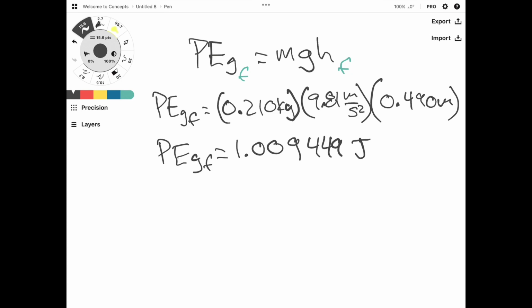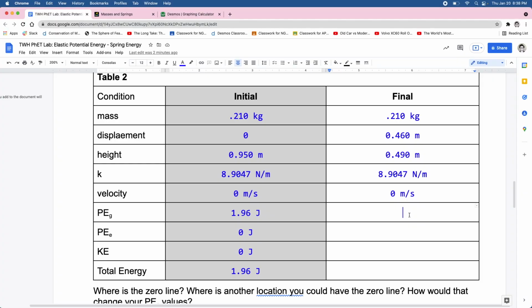Okay, and so to round this to 3 sig figs, we get 1.001 joules. All right, I guess I should have just kept it up because now I have to calculate the elastic potential energy.